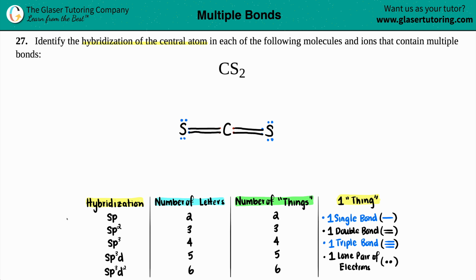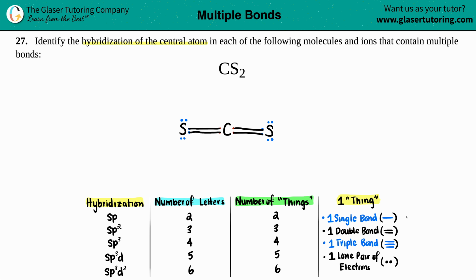For example, sp2 has 1 s and 2 p's. That's what p2 means. This has a total of 3 letters. And if we tack on another p, it's got 4 letters. That's sp3. The number of letters always corresponds with the number of things. So 2 letters, 2 things. 3 letters, 3 things.